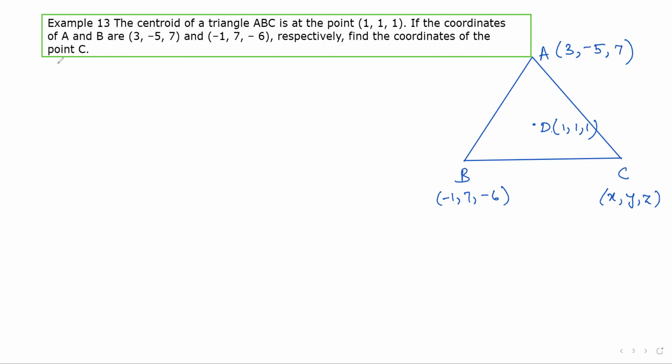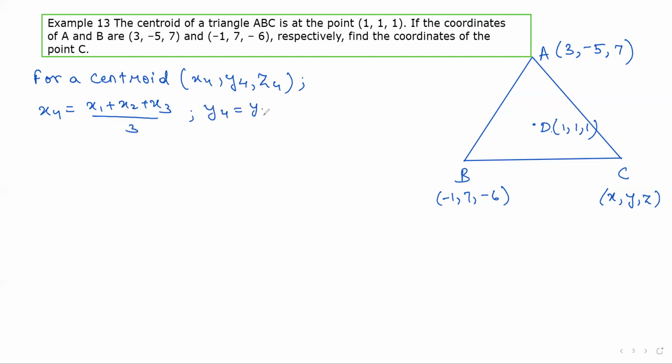We know that for a centroid (x4, y4, z4), your x4 will be equal to x1 plus x2 plus x3 divided by 3. y4 will be equal to y1 plus y2 plus y3 divided by 3, and your z4 will be equal to z1 plus z2 plus z3 divided by 3. In this scenario, your x4, y4, z4 is 1, 1, 1.